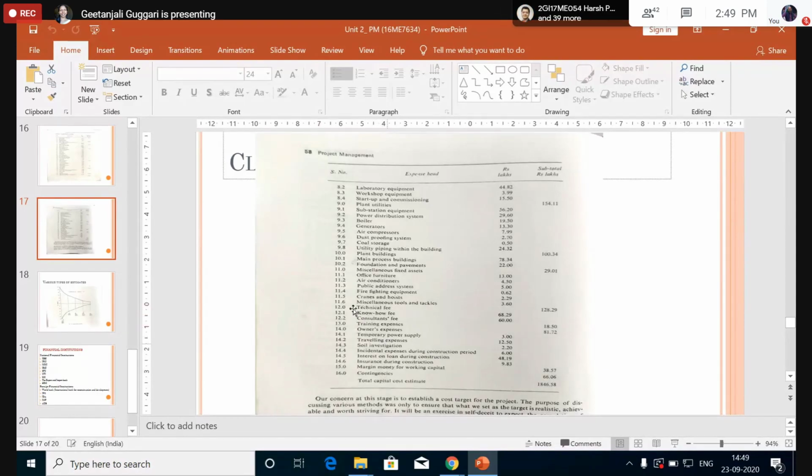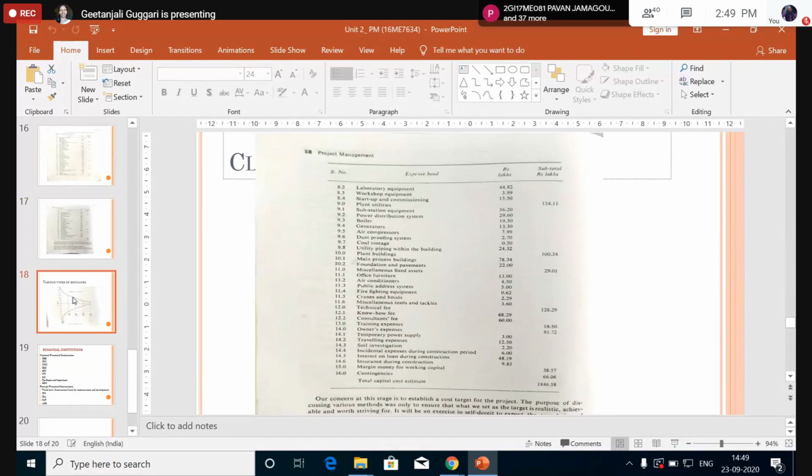Then after this, we are going for a detailed estimation. There, almost your project cost estimation is frozen and it is done with an accuracy level of plus or minus 5. That plus or minus 5 is the flexibility that we can incorporate for the successful completion of our project.